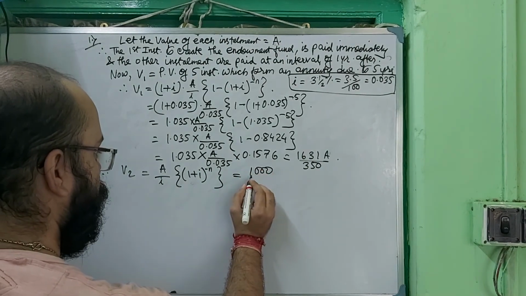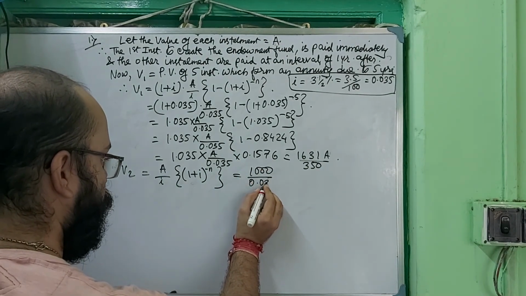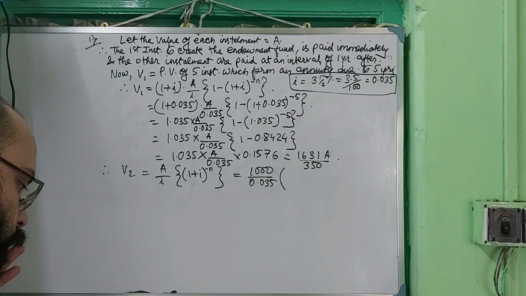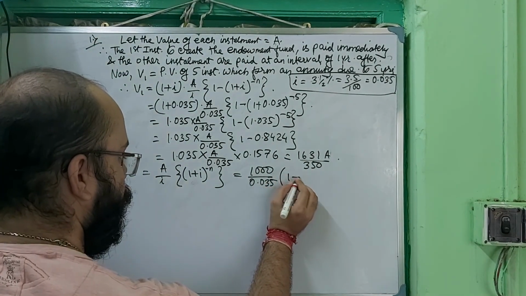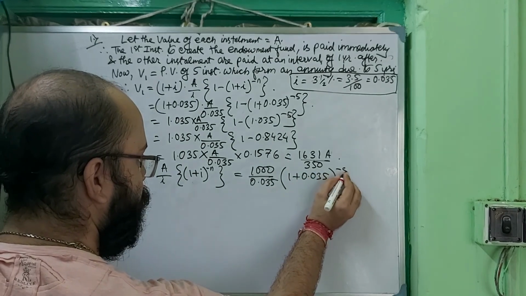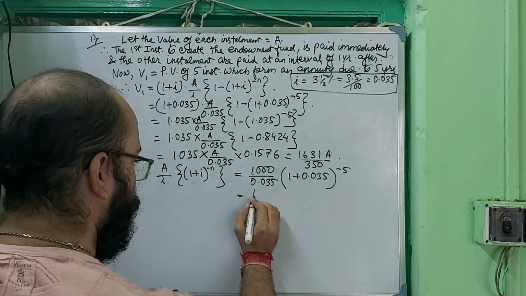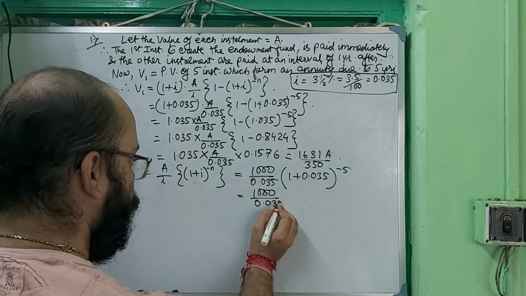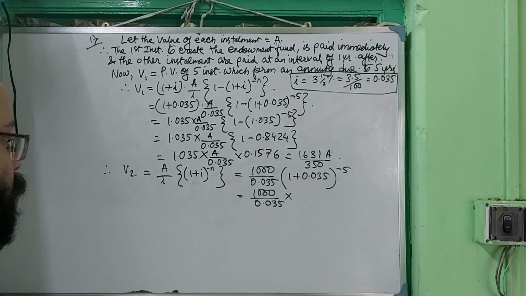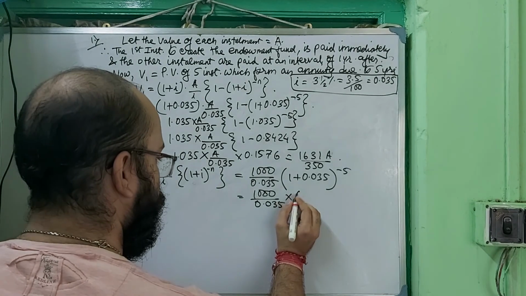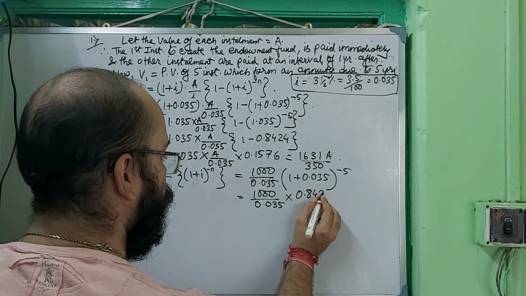A is 1000, I is 0.035. 1 plus I to the power minus 5. 1000 by 0.035 into its value has been given, 0.8424.